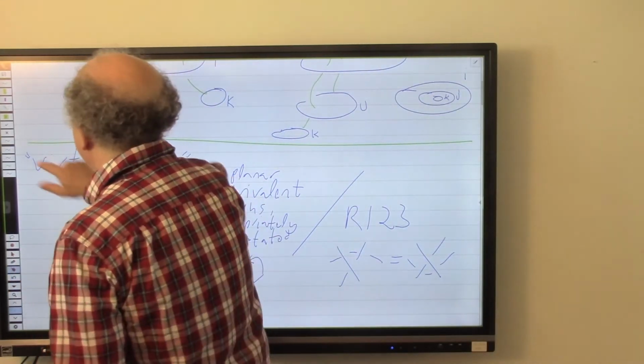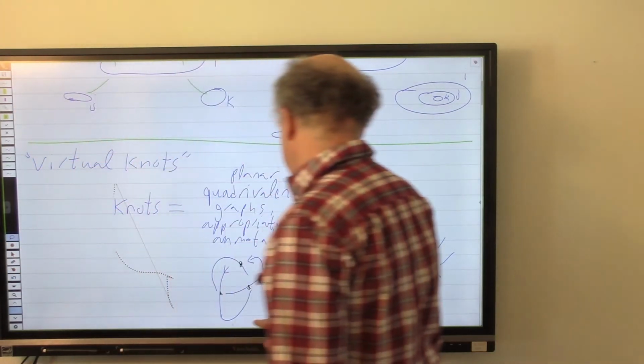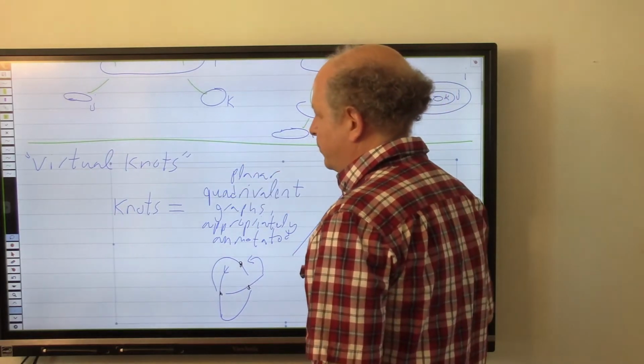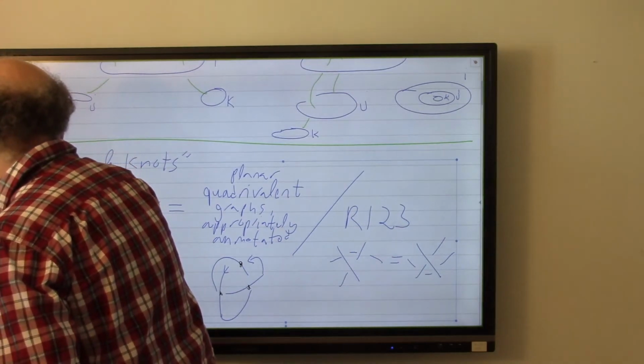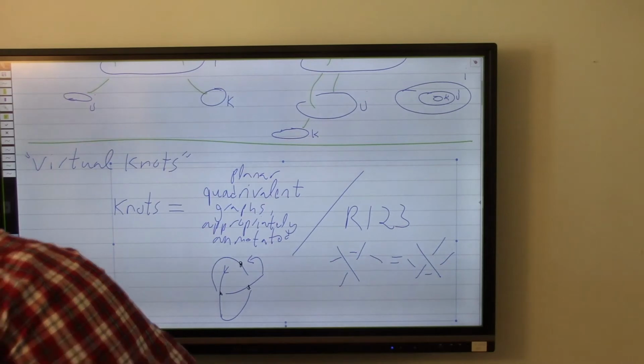Now, what are virtual knots? This is great that I have copy-paste. So, let me circle all of this. Hit copy. You know what? Sorry, I'm going to be a bit fancier even.